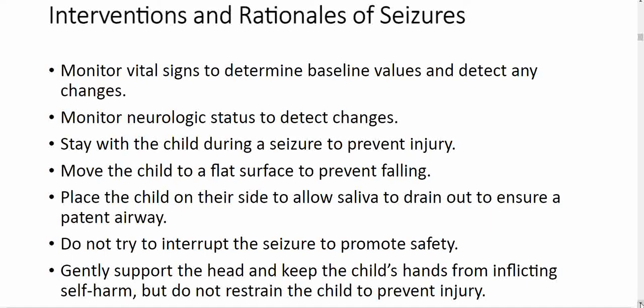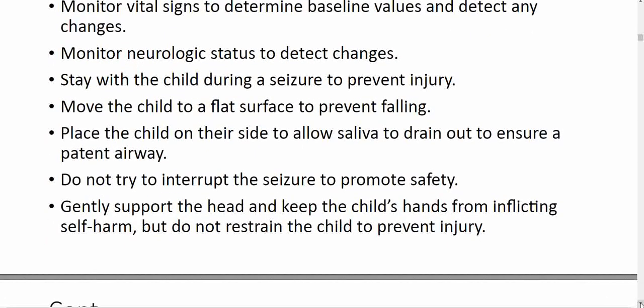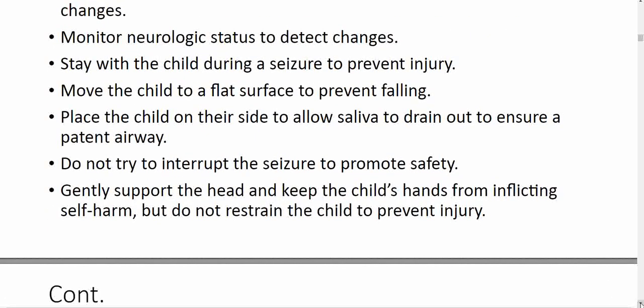Then place the child on their side to allow saliva to drain out and ensure a patent airway. And do not try to interrupt the seizure, to promote safety. The moment you interrupt the seizure, it's like you're catalyzing it. Why do we place the child on their side to allow saliva to drain? Because there's an increase in saliva production during this.